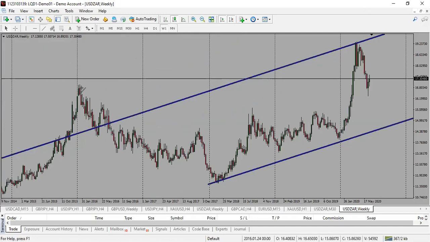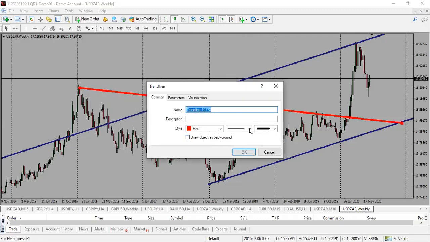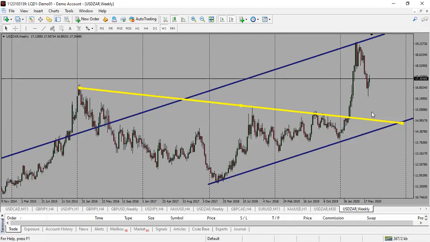This is a wedge, guys. As you can see, 1, 2, 3. Let's make this yellow. This is a trend line. This is a big, nice wedge.